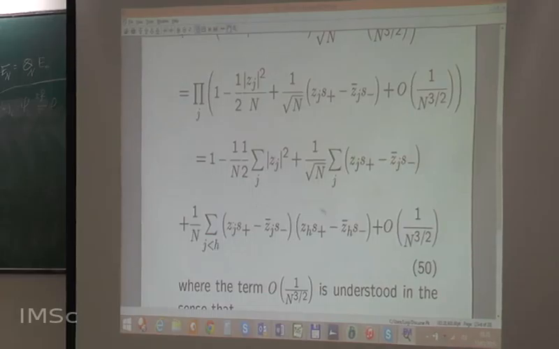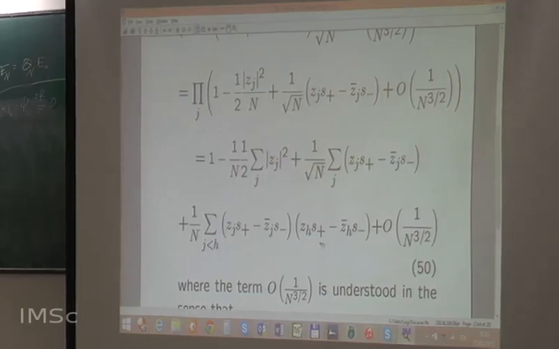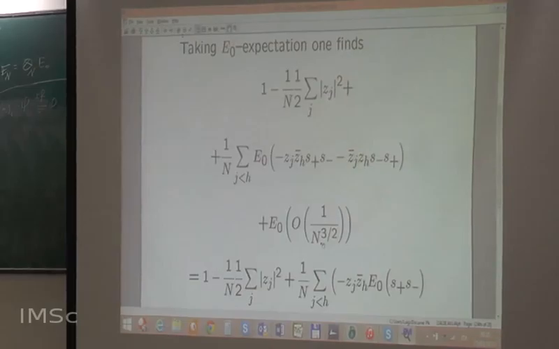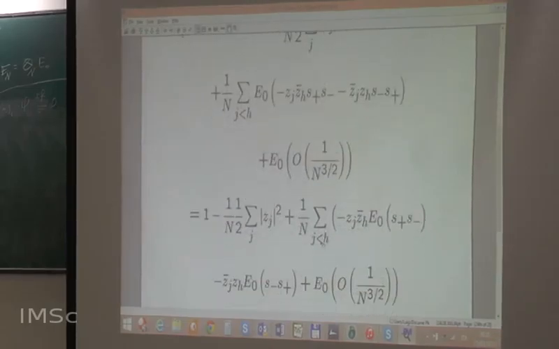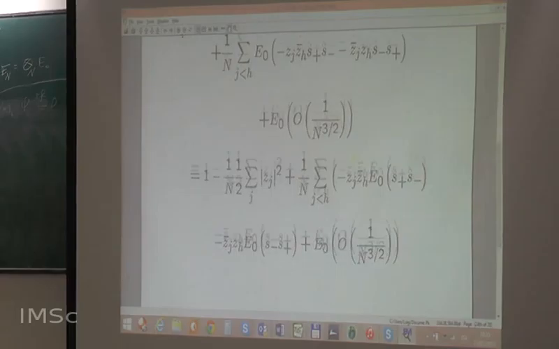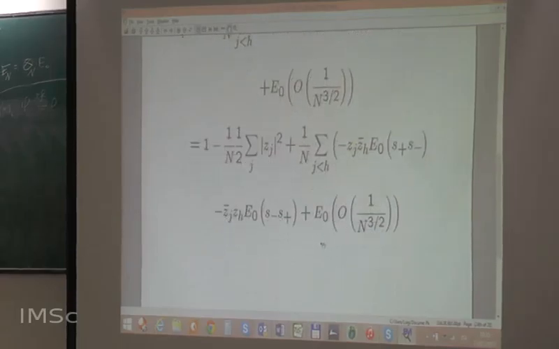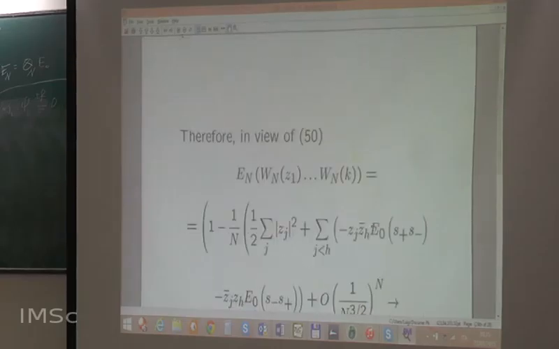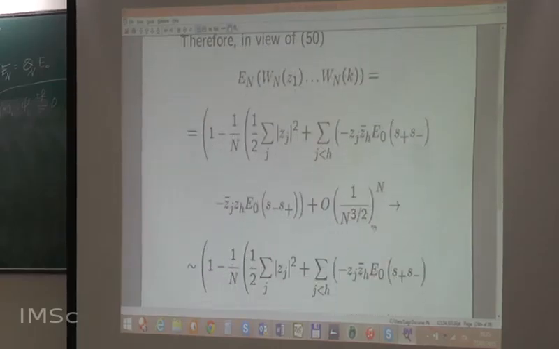Notice that plus will go with conjugate, and here the j will be with conjugate. So they exchange the conjugate. Eventually, taking the E0 expectation, the covariance will appear. So I have the covariance here, and something negligible. And therefore, I have this limit.